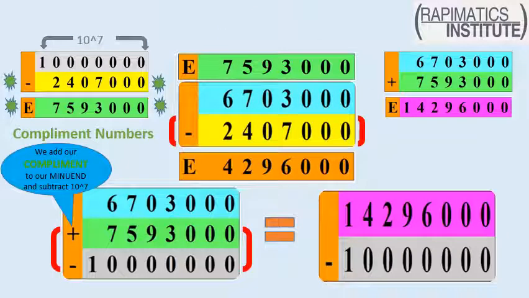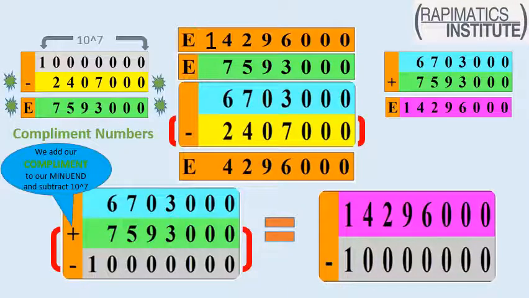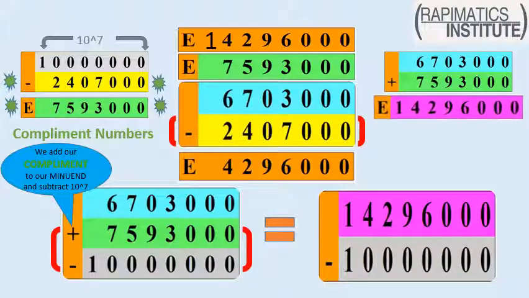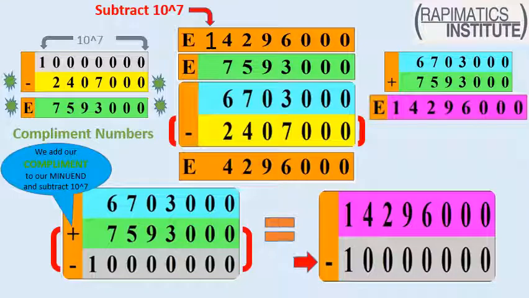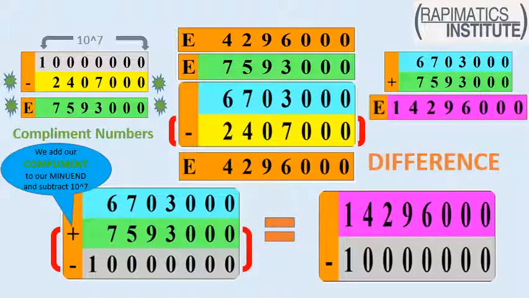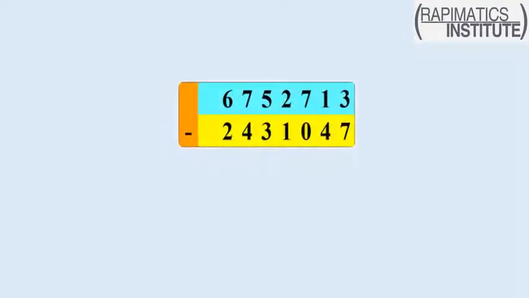Now remember to solve, we add our complement to our minuend, add them together, we'll get our solution, which is this purple part over here. Then we have to drop the power of 10 for a final solution. These are different. Perfect.